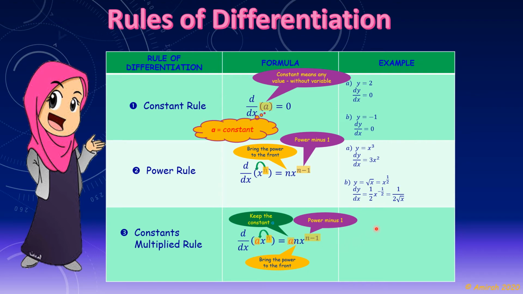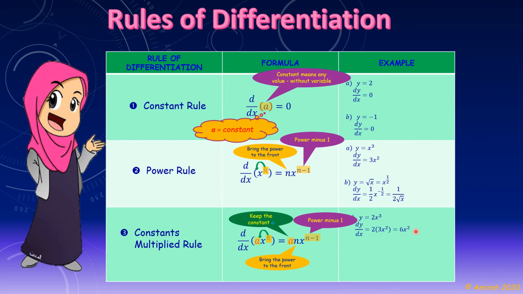Now we look at the example of the constant multiple rule. A. If we have y equals 2x cubed, then after we differentiate, the answer is 2 times 3x squared, which equals 6x squared.